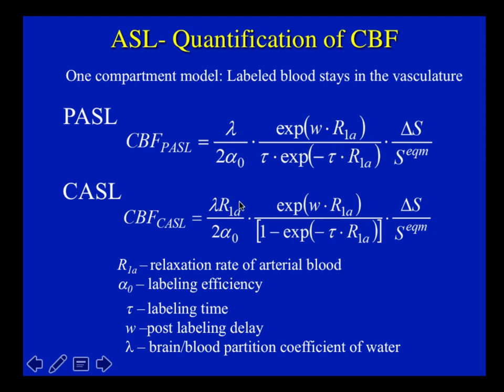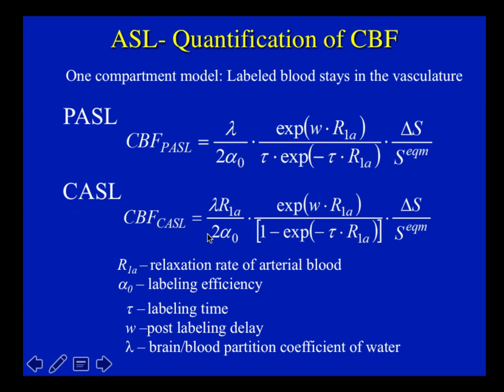The parameter that is likely to change from one subject to another is this labeling efficiency, alpha, which quantifies how well we are inverting the blood signal. If we invert the blood signal exactly 180 degrees, alpha is 1, and if it is less than 180 degrees, the labeling efficiency will be less than 1. In pulsed ASL techniques, the labeling efficiency is very close to 1, about 0.99.